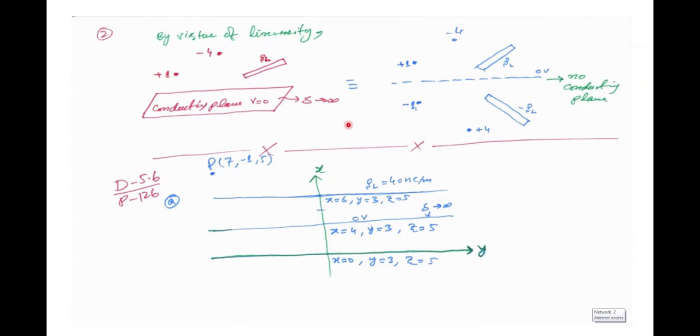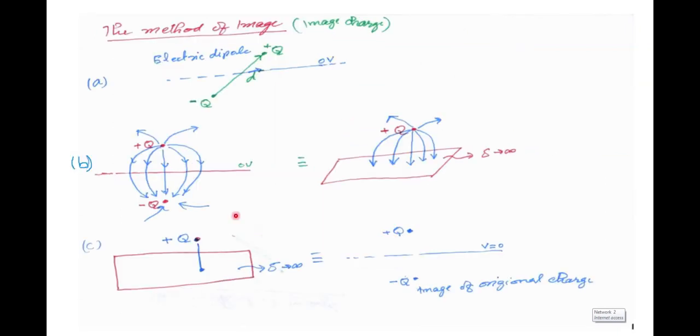This is known as image theory. That is, in image theory we replace a conducting sheet by locating a negative charge below an infinite plane having zero potential at a symmetrical position, as the original charge is located above the infinite plane.